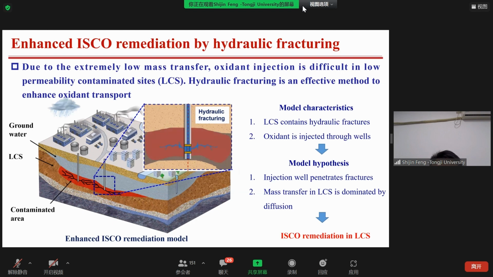Here we also developed a model for remediation technology optimization. In this model, LCS contains hydraulic fractures, and oxidant is injected through multiple wells. We assume that the injection well penetrates the fractures, and the mass transfer in LCS is dominated by diffusion.